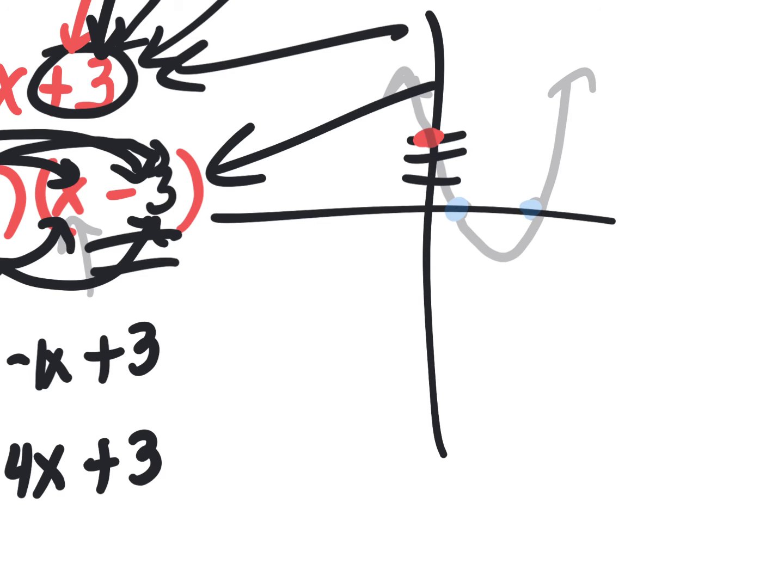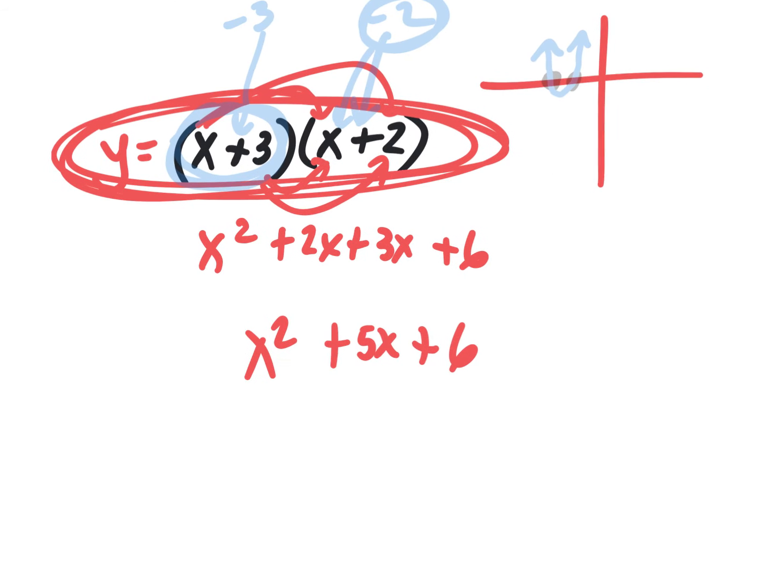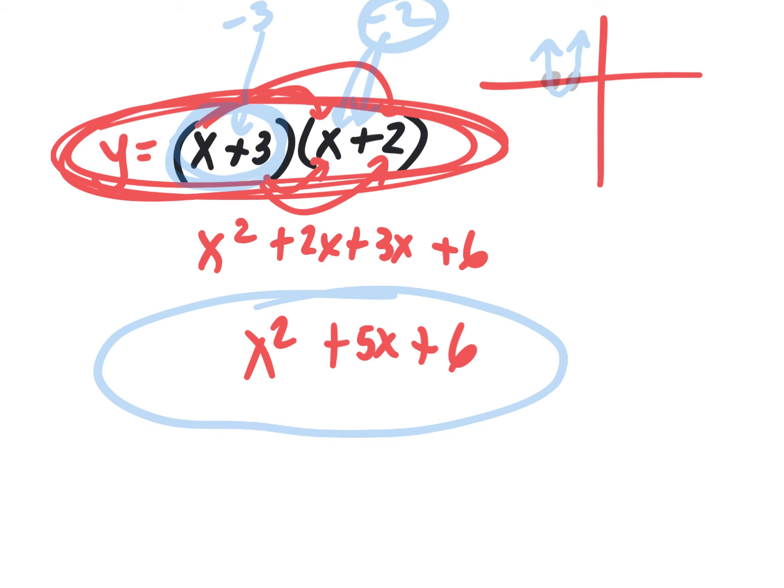So, there. Now, why did we multiply that all out? Why can't we just leave it as factored? Because this tells me the y-intercept. And it also tells me A, B, and C. Y'all want to know your ABCs, right?